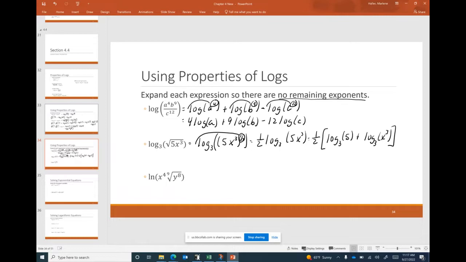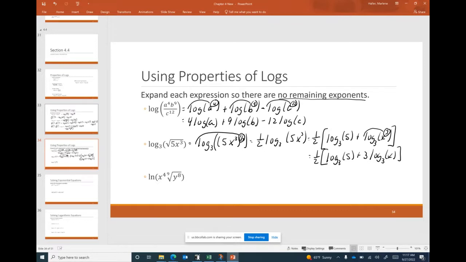All right, and then there is one more step because I'm not supposed to have any remaining exponents. I have this one last exponent I need to bring down. It's only going to apply to that last logarithm. So I can then rewrite this as 1/2 times log base 3 of 5 plus 3 log base 3 of x.